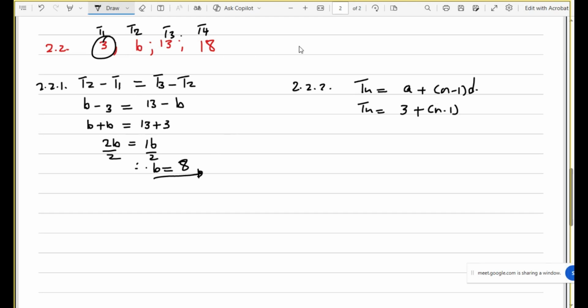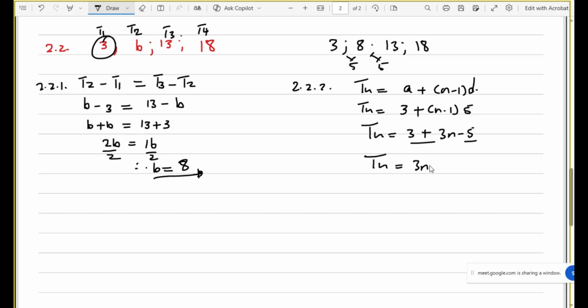The constant difference: the sequence is 3, b which is 8, 13, 18. So the difference here is 5. Therefore, to find Tn, multiply the brackets. This will be 3n minus 5, add the like terms. So the Tn is 3n, 3 minus 5, that equals negative 2. So that is your general term.